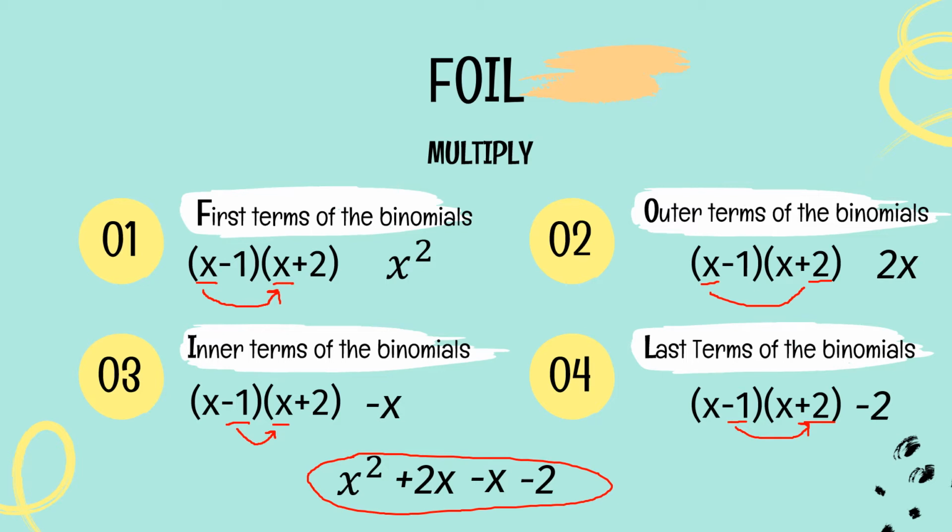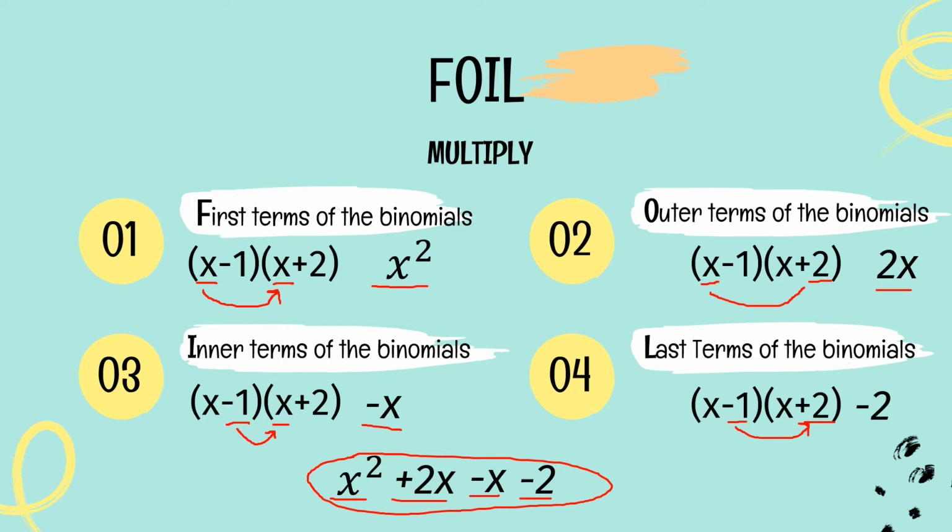When you multiplied the first terms, the answer was x squared, and you copy it. Next, the outer terms gave positive 2x, and you copy positive 2x. Make sure that if it is positive, you write positive. Next, the inner terms give negative x. And lastly, we have negative 2.